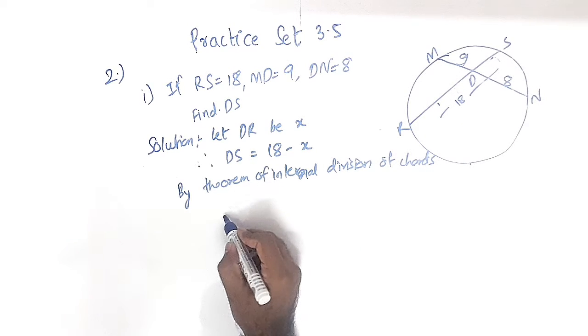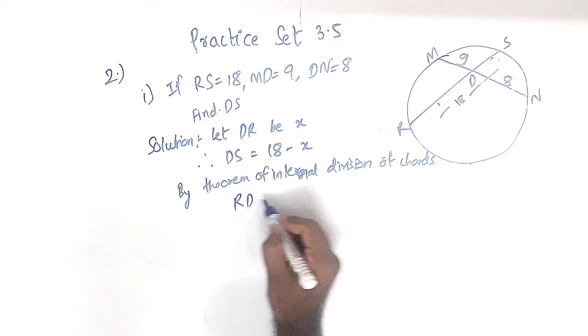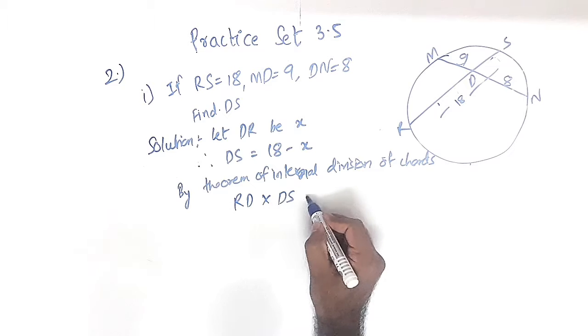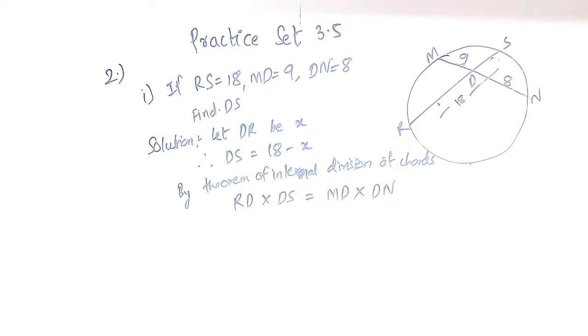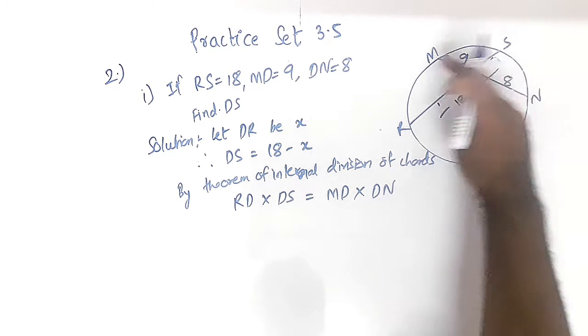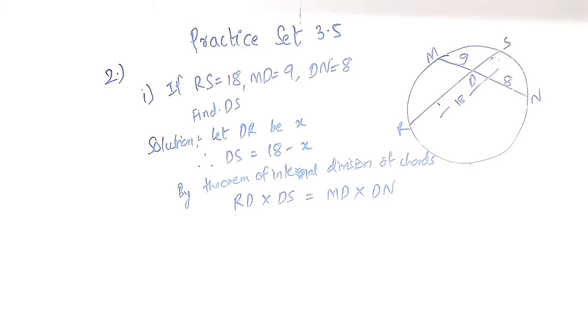We have RD into DS is equal to MD into DN.